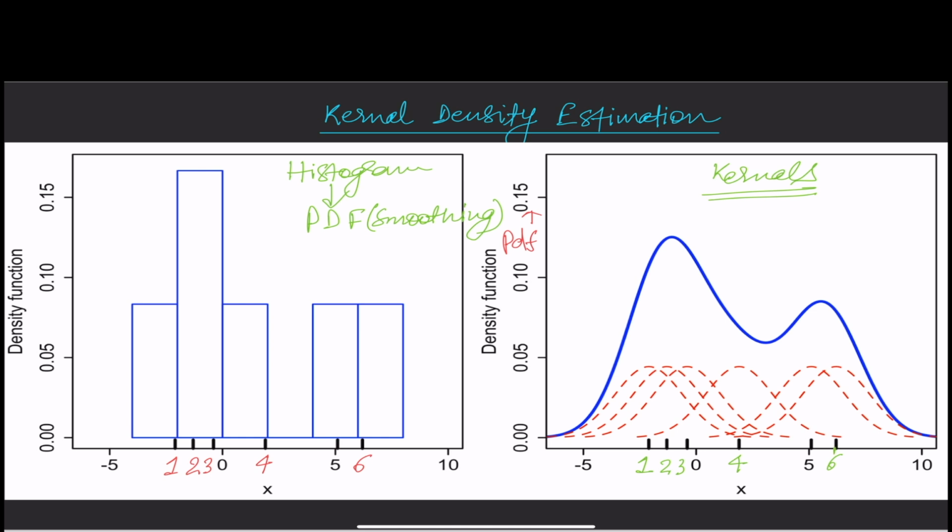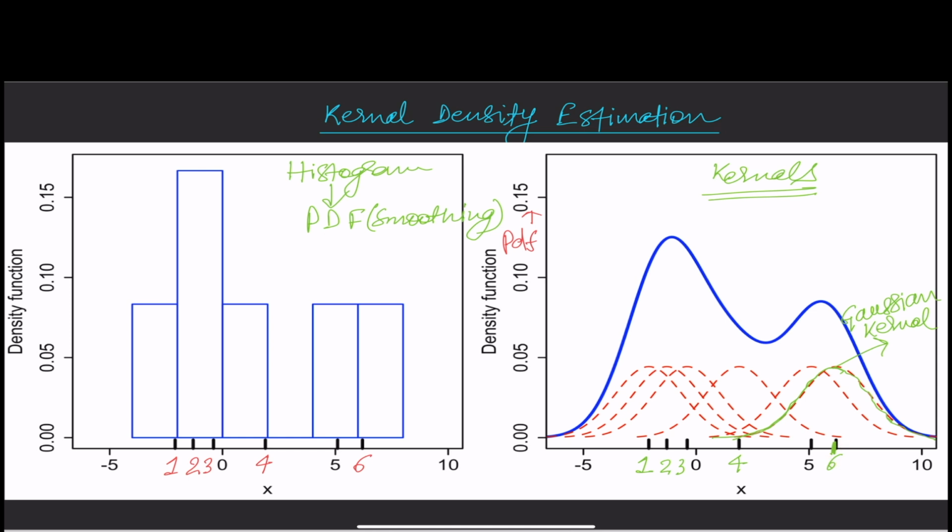By taking this sixth point, I will construct a simple kernel, also called a Gaussian kernel, centered on this sixth point. Here my bell-shaped curve is centered around my sixth point.